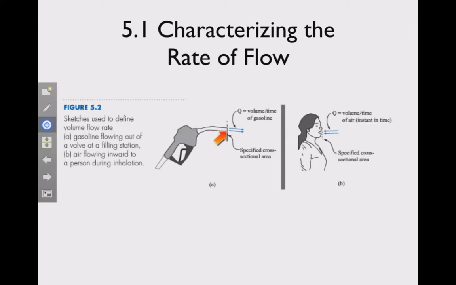And so we'd be interested in the volume of gasoline that's passing per unit of time from within and out of that nozzle, basically. Another example is just someone's mouth, the cross-sectional area being your mouth, and how you breathe. You breathe in air and out air through that cross-sectional area. So Q again is just the volume per time.